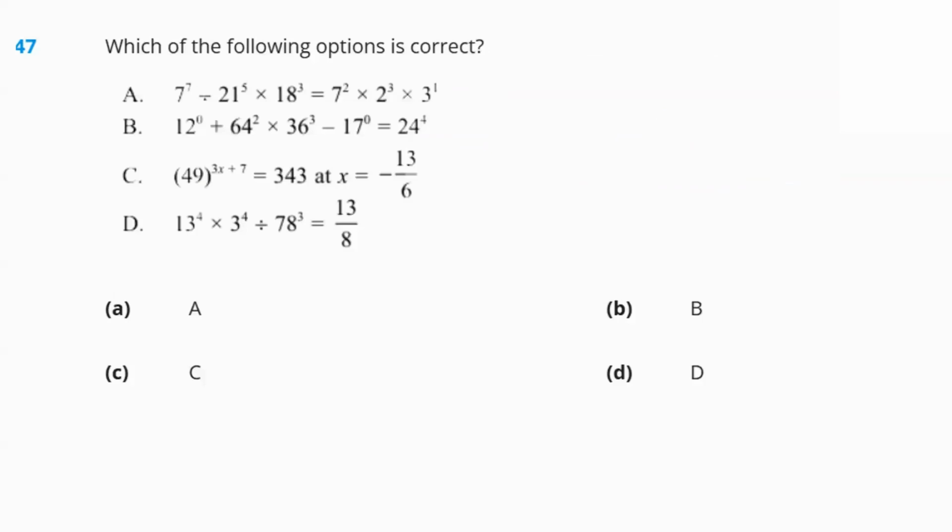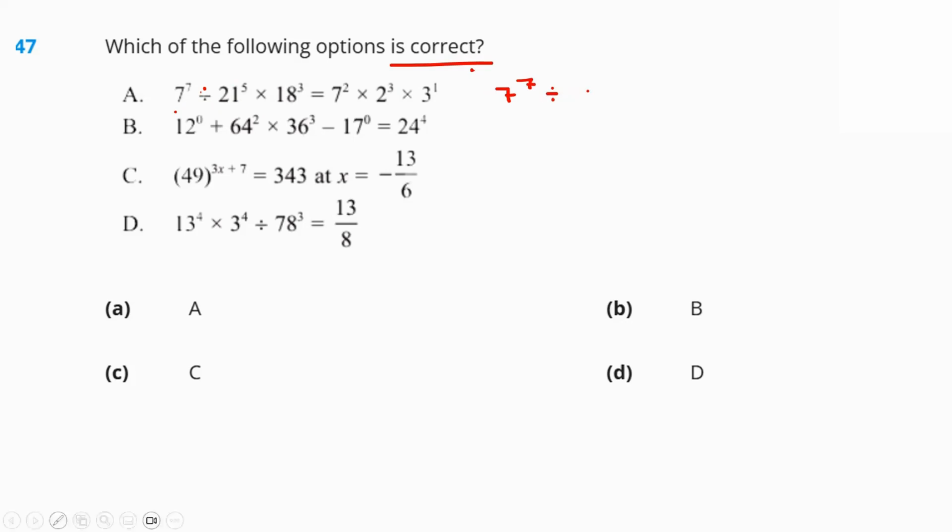Next, question number 47. Which of the following options is correct? You have to solve them first. 7 raised to 7 divided by 21 can be broken and written as 21.